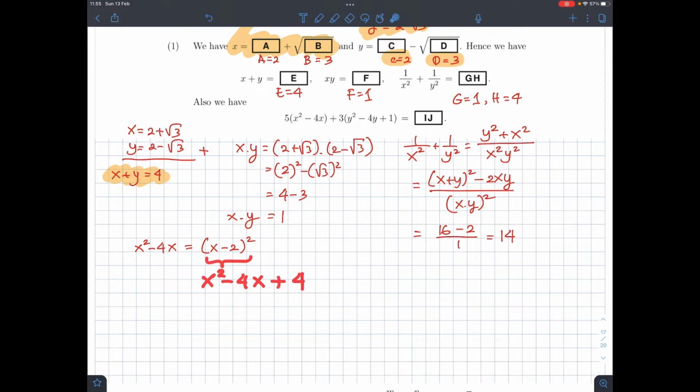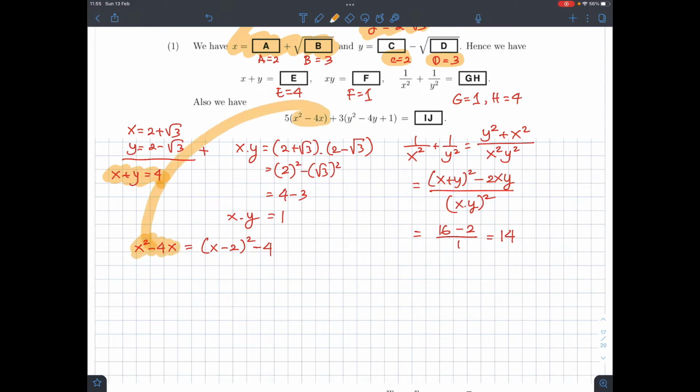In the original problem we only have x squared minus 4x, so when we change into this form, you need to subtract 4 to cancel it out, and it will be the same as the original form. So I put minus 4 here. Okay, I will change this part into this.